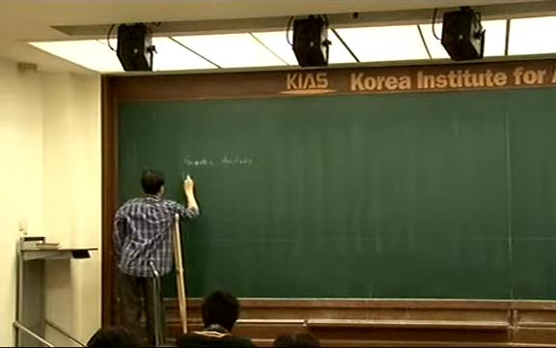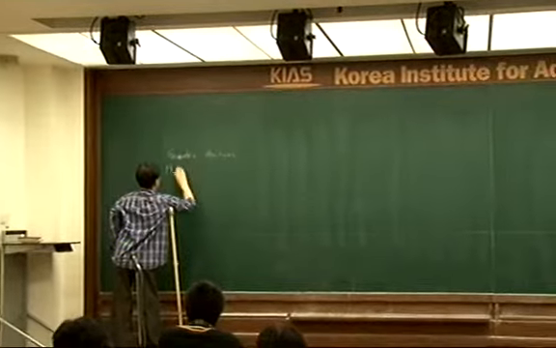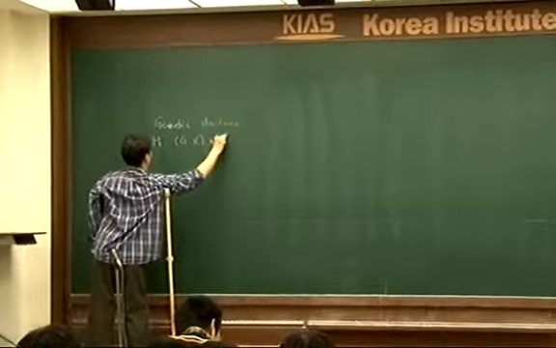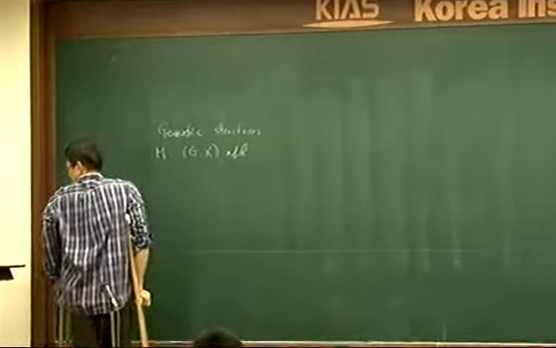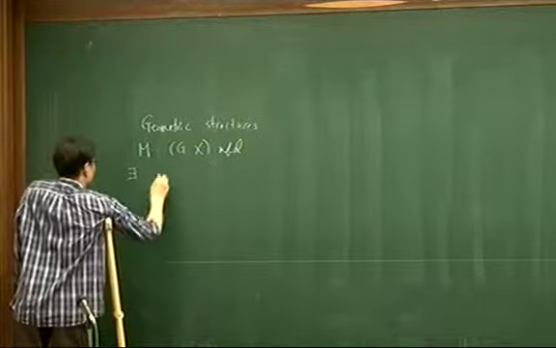So M being a GX manifold. This means there is an atlas.